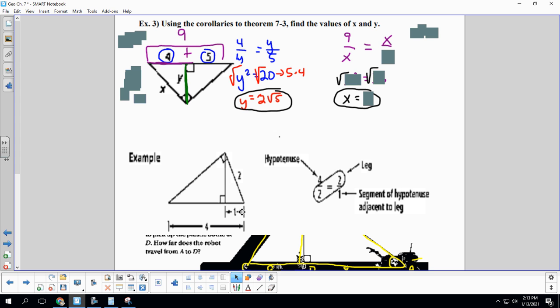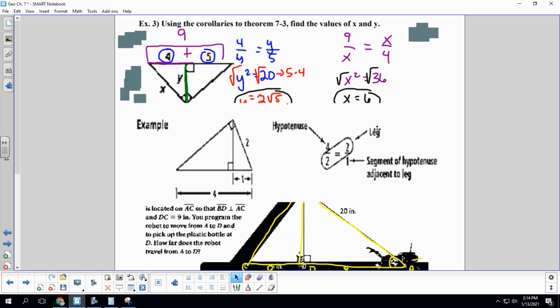And then this little snippet here, which is the shorter piece of this leg, is 4. Okay, so then we cross multiply and we get x squared equals 36. We take the square root of both sides so we can find x, and then we get x is equal to 6.